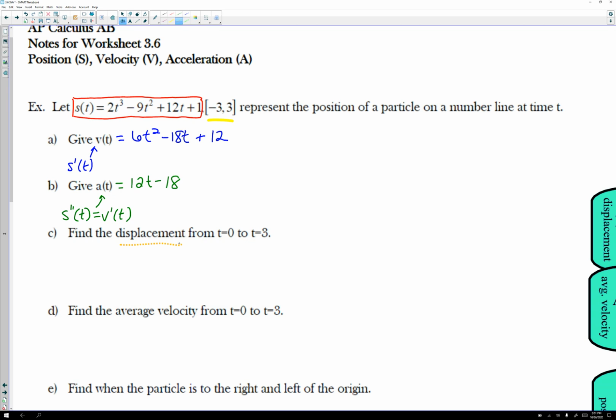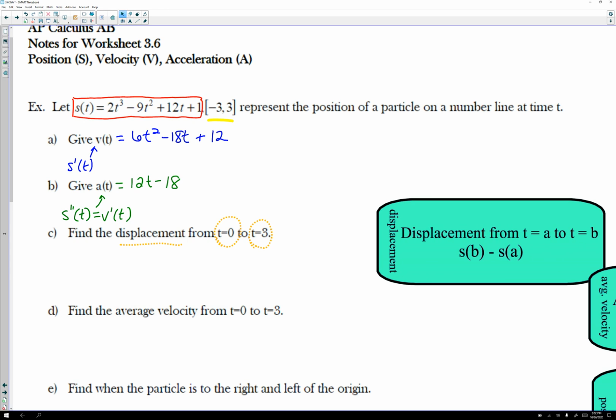But displacement is really asking: wherever the particle is at a time of 0, it does its thing for 3 units of time, and then after those 3 units of time, it's at a different position. So what's the difference in positions? That's what displacement means.